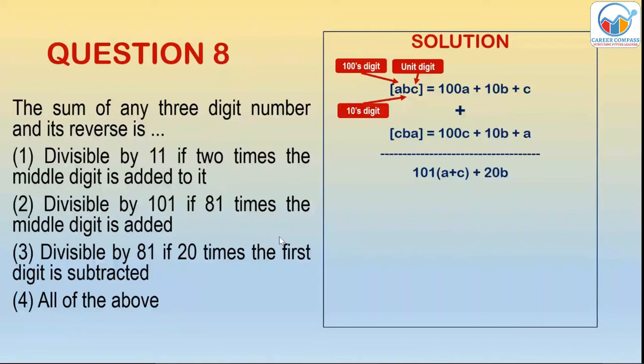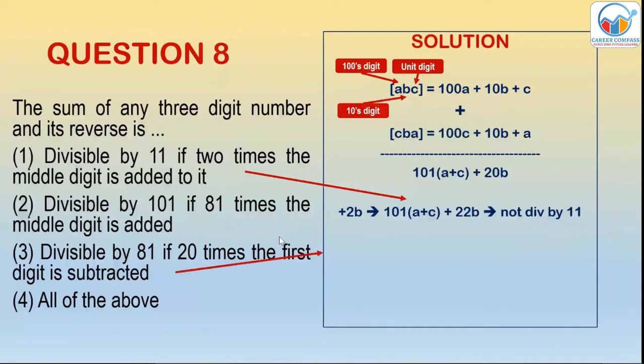The first option says that we need to add 2B. Now if I do that, definitely 101 is not divisible by 11, hence the entire portion is not divisible by 11. So that is one thing. Then we can look at the third option also in a random order.